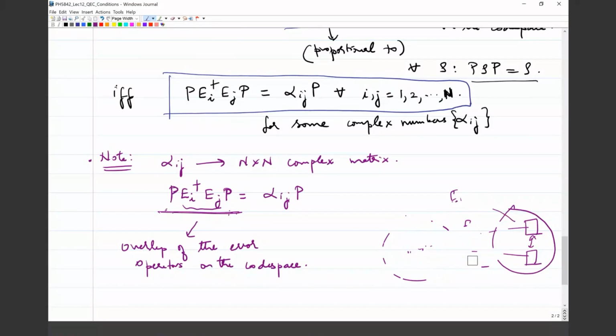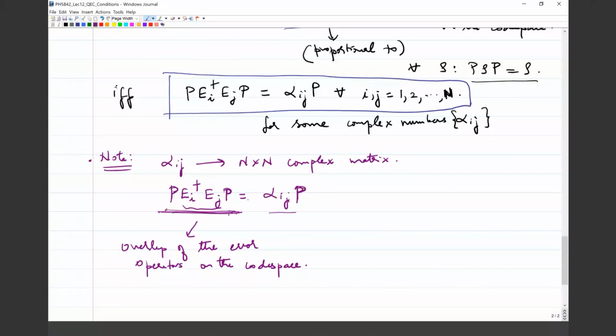And what the right hand side is telling us is this overlap should actually be a constant. Normally this is an operator on the left hand side. But what's on the right hand side is basically a complex number times the identity on the code space. So the condition is effectively saying that this overlap must be proportional to the projector on the code space, with some complex coefficient being that proportionality constant.